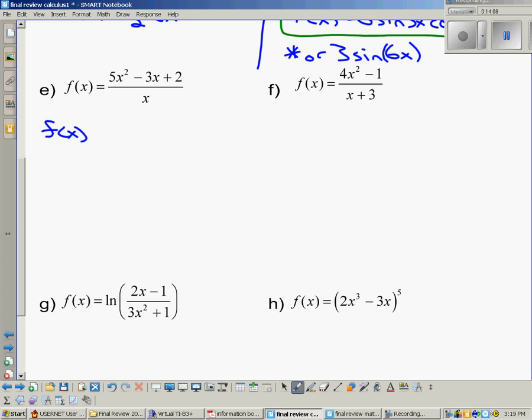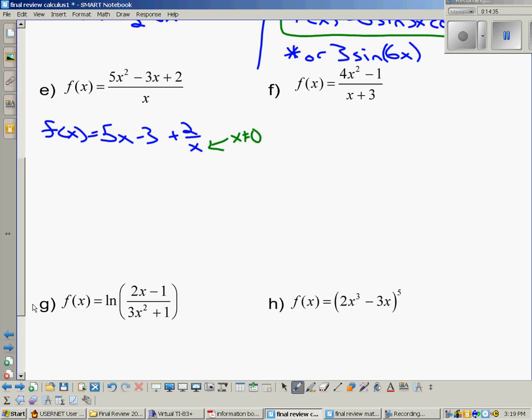I didn't write f prime. 5x squared over x is just 5x. Minus 3x over x. Well, that's just 3. Plus 2 over x. Now you might be saying, well, you lost some of your restrictions. I still have all my restrictions in there because this function still only exists for x not equal to 0.